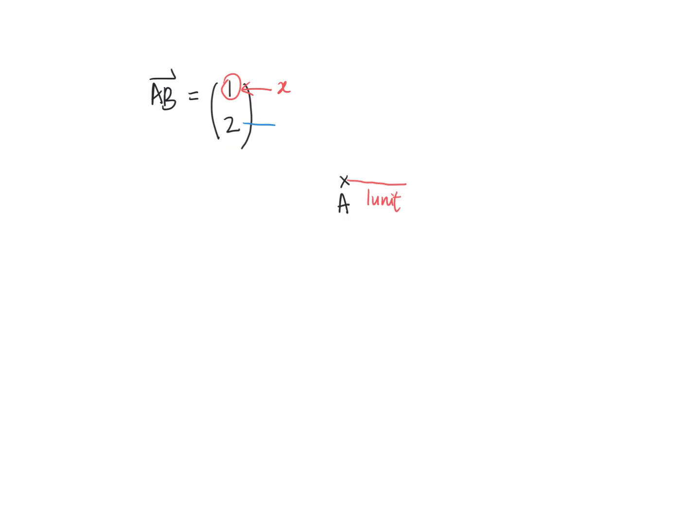And I will move 2 units in the positive Y direction to finally reach B. So vectors tell me how to move from A to B, 1 unit and then 2 units upwards. So this vector tells you how many steps to move in the X direction and in the Y direction.